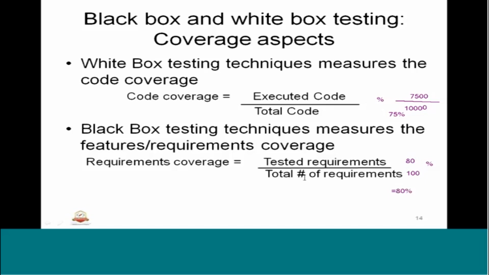The remaining 20% of coverage, we need to see how that is called coverage shortfalls. How am I going to cover these shortfalls? That is 25% for white box, and 20% for black box.